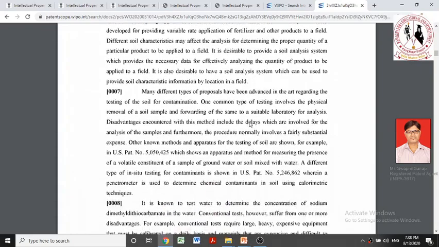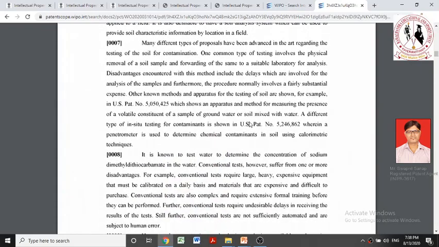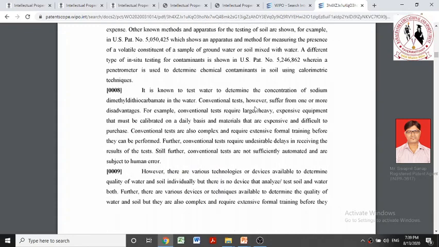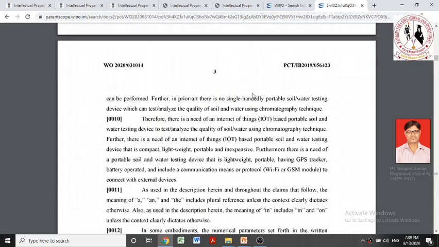Let us refer to paragraph number 7, where he has clearly indicated, for example, US patent number 5050425 and 5246862, the two patent documents which are US documents, and they have also tried to solve the similar problem, and still these particular problems of the invention exist. Even these patents which are filed also have a problem, is what is written in paragraph number 8 and 9.